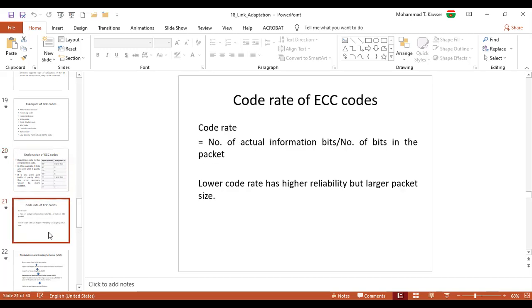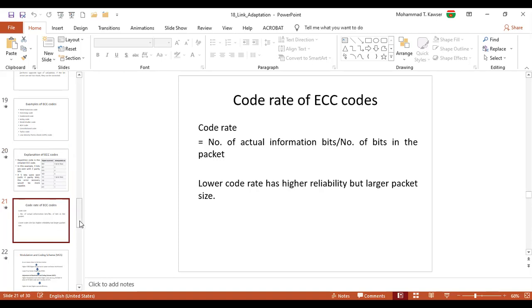So you should adopt a lower code rate or a higher reliability measure. But that comes with the cost that your packet sizes are increased, and so the overall data rate will go lower. The target is to have good data rate.